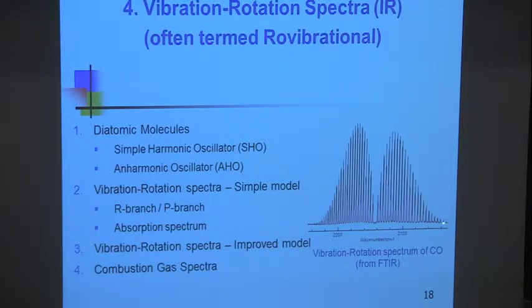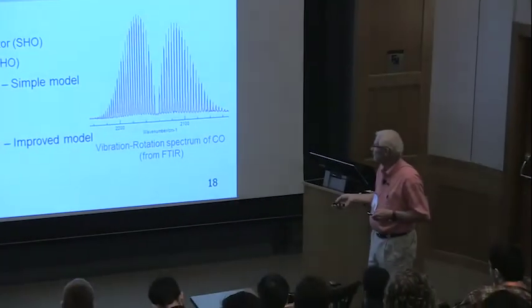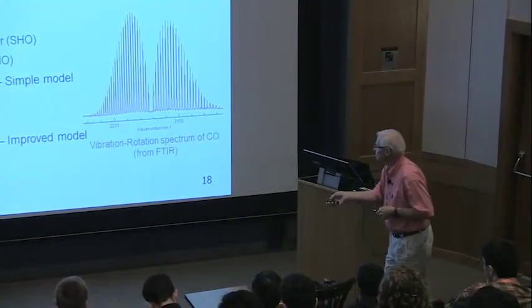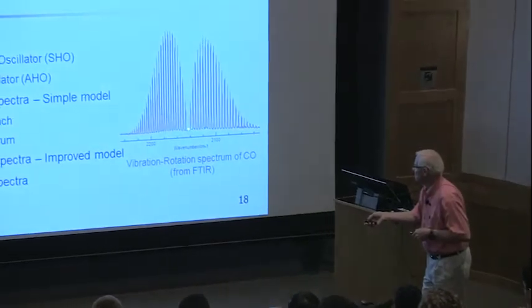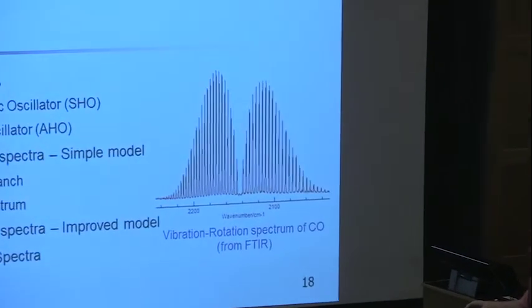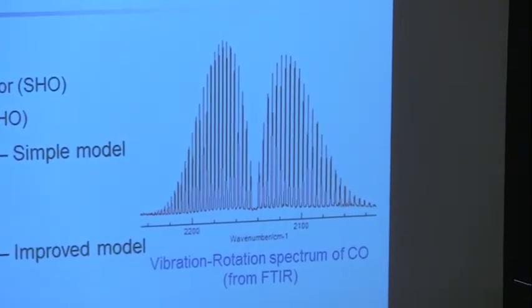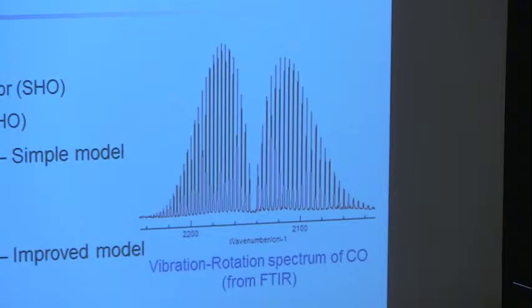What do you see? You see a bunch of lines in two groups. You're seeing the two branches of the fundamental band of carbon monoxide. There's a gap here, called the null gap. If you look closer, you see there's some other little fuzz in the background. Carbon-13, 1%, say.